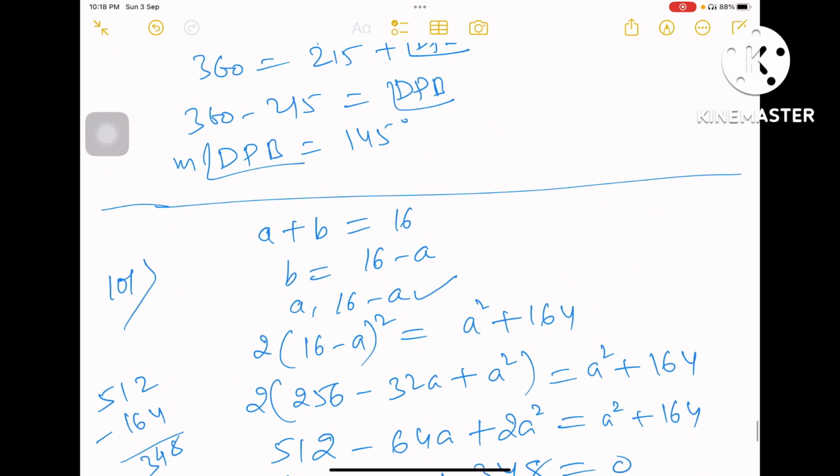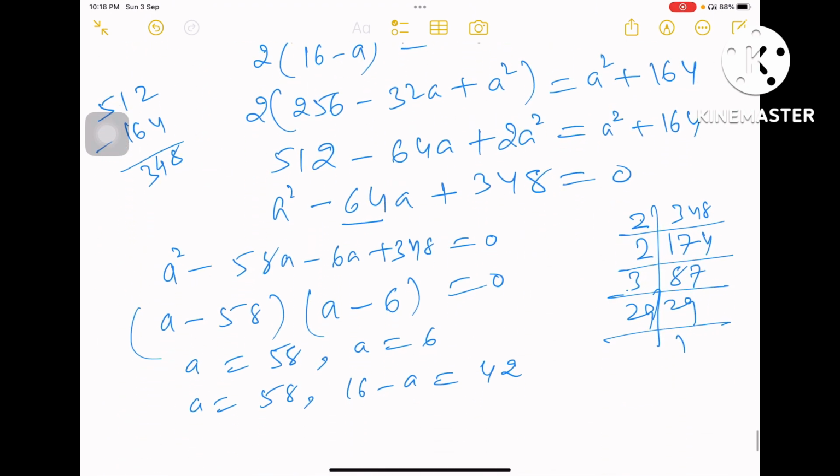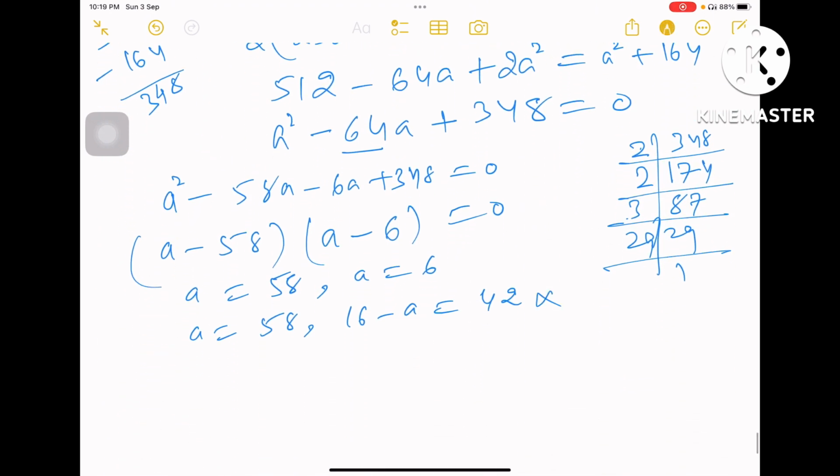But because the sum has to be 16, this is wrong. So we will take a is equal to 6, then 16 minus a, that is 16 minus 6 becomes 10.